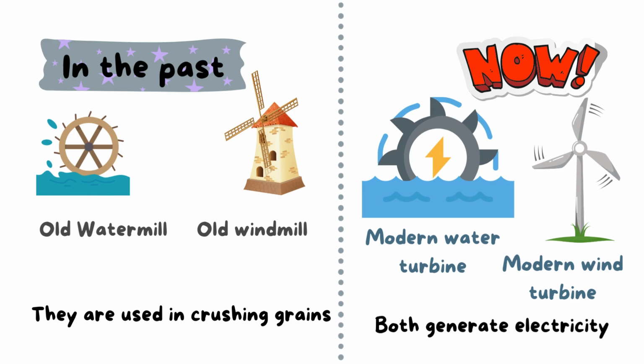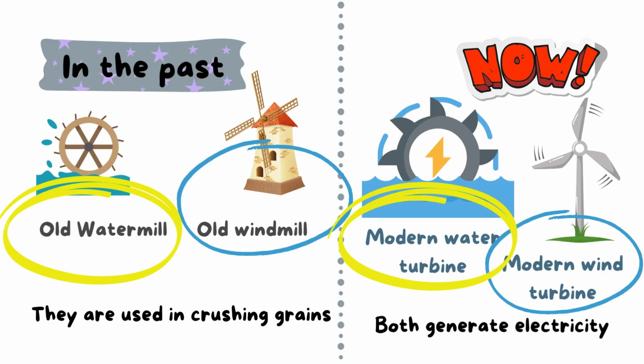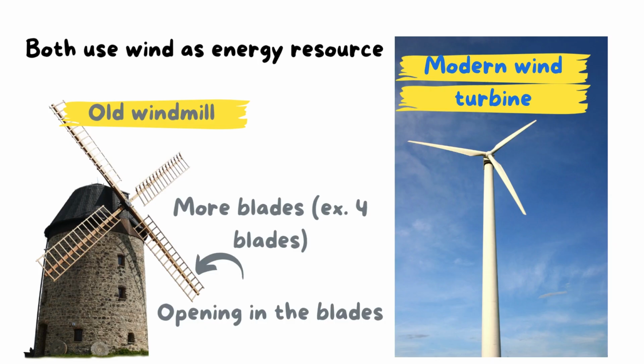Now we will compare the old windmill and the modern wind turbine. Okay, both of them use what? Wind as an energy resource. Okay, but there are some differences between the old windmill and the modern wind turbine.